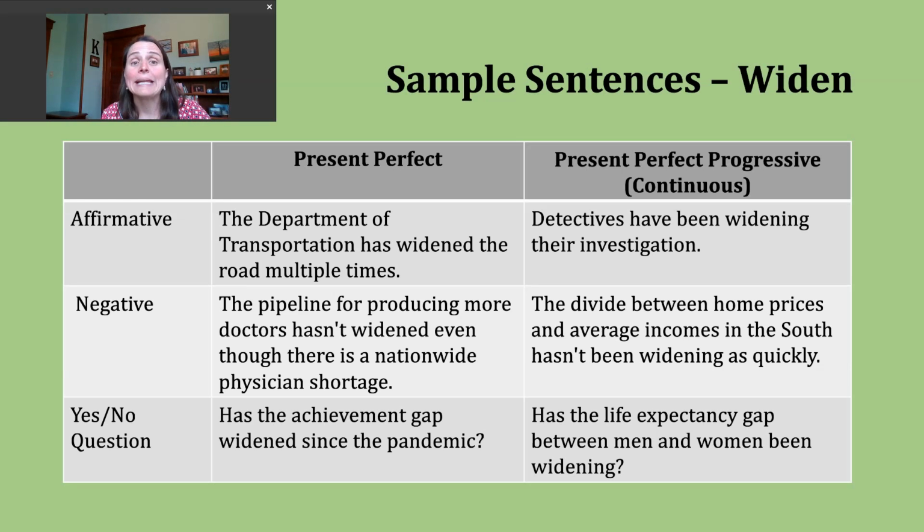Now let's talk about making negative present perfect sentences. To do this, again, I start with my subject. I use have or has, then not, and then the participle form of the verb. Here's another example. The pipeline for producing more doctors hasn't widened even though there is a nationwide physician shortage. That word physician is another word for doctor.